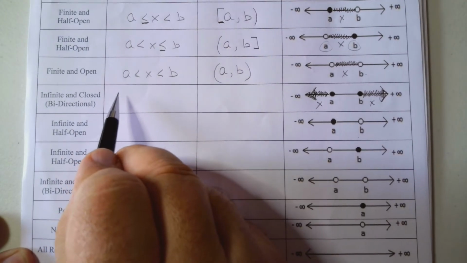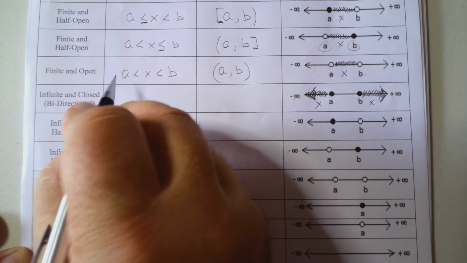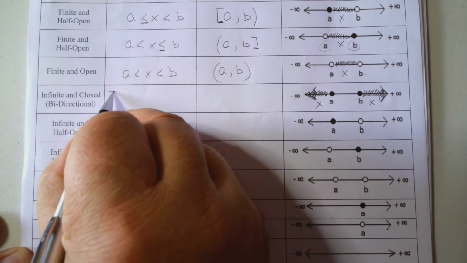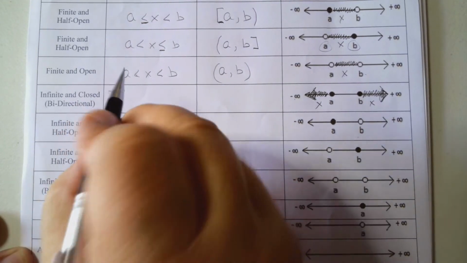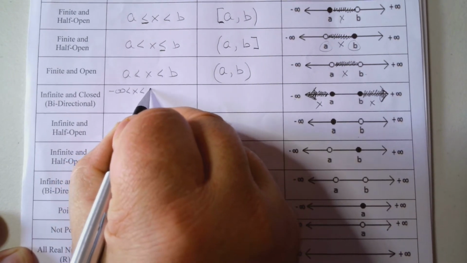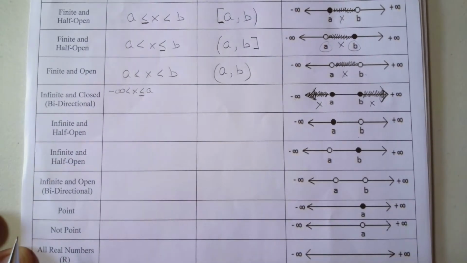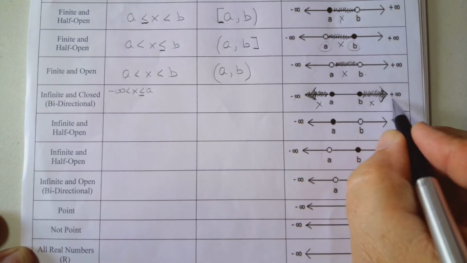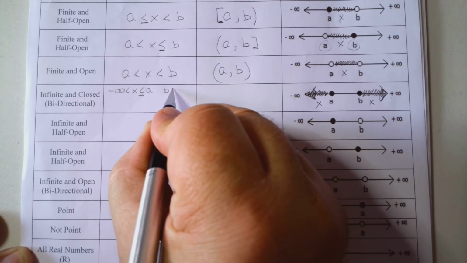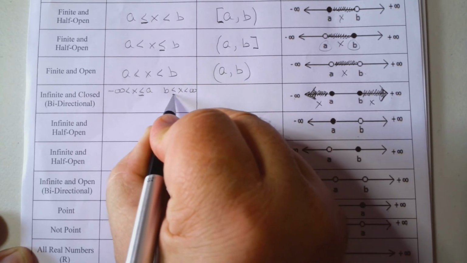For the set notation, I look at negative infinity is less than x is less than a. But a is solid, so I get less than or equal to. And then b is less than x is less than positive infinity, and I can include b.